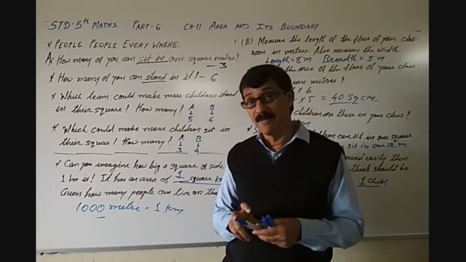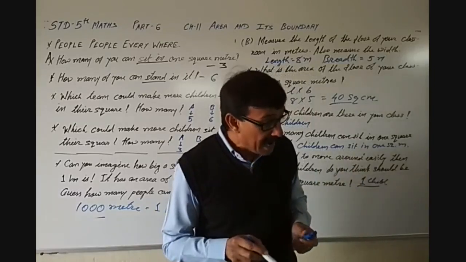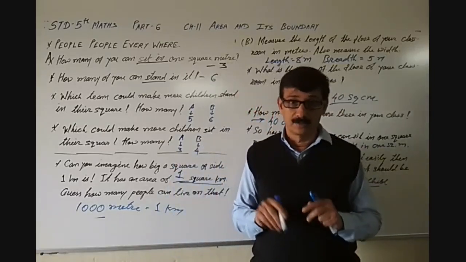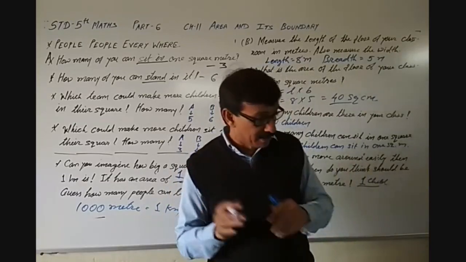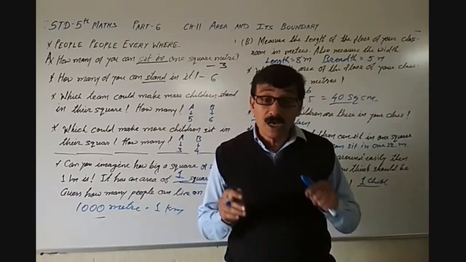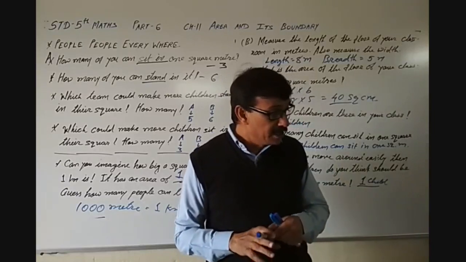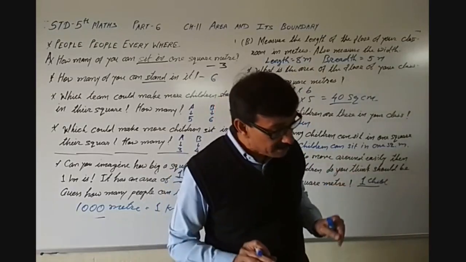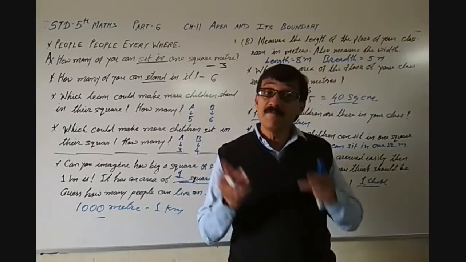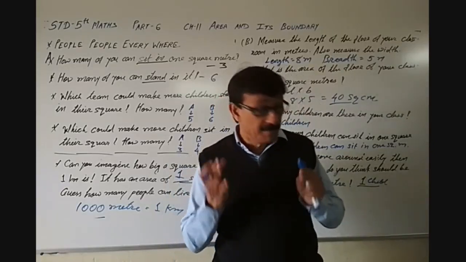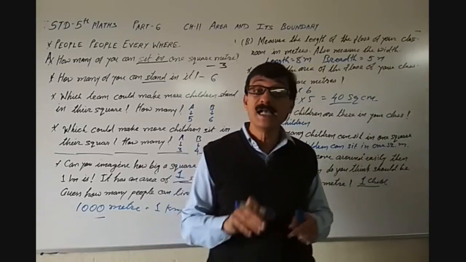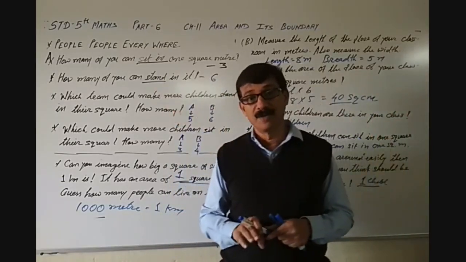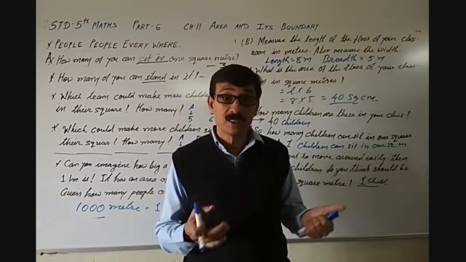But in Arunachal Pradesh, it feels very lonely. Why? There are less than 15 people living in a square kilometer. Very big area, very few people. That is why people feel lonely.